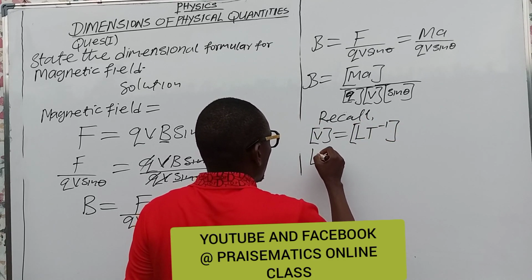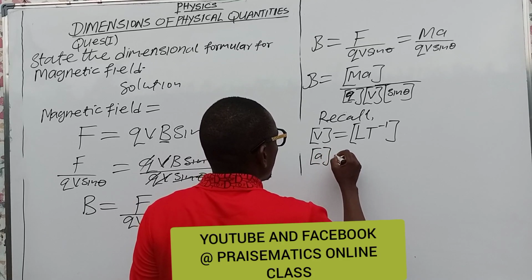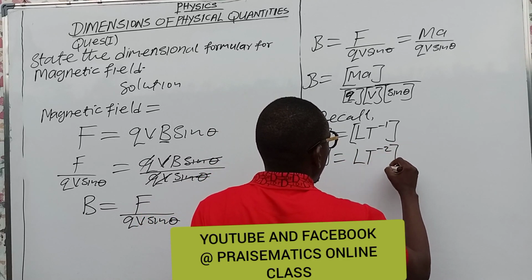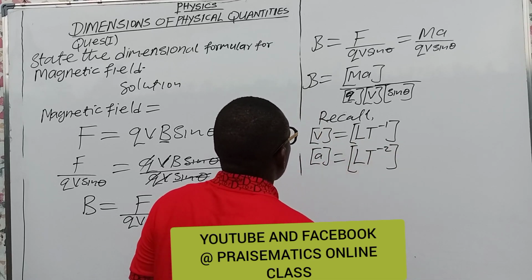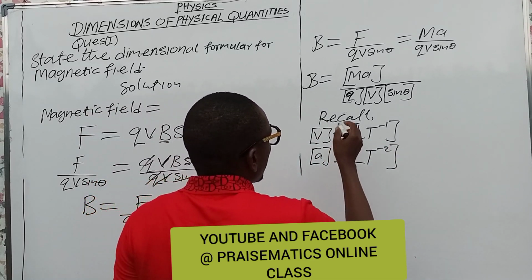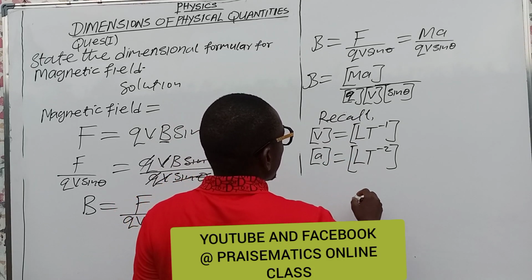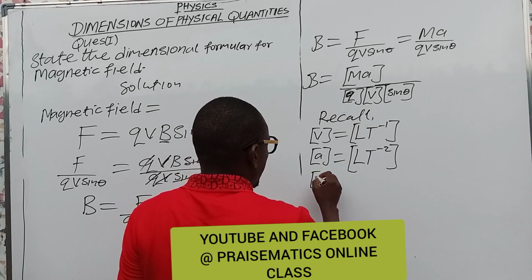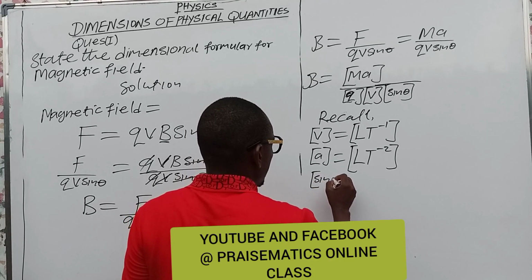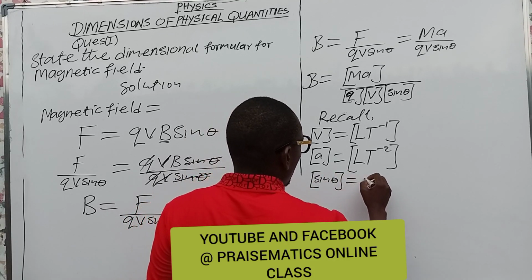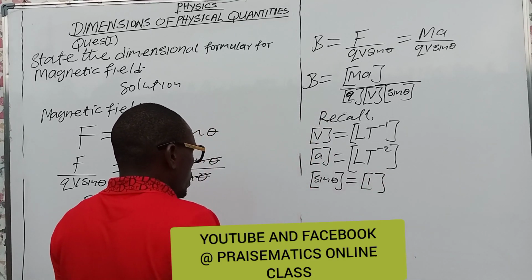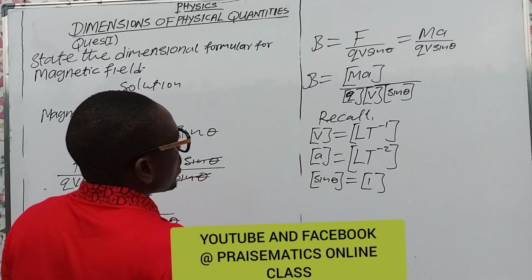And the dimension of acceleration is equal to length t raised to power minus 2. So we have to substitute this back into this. Dimension of sine theta is equal to what? 1. So it has no dimension. Sine theta has no dimension.